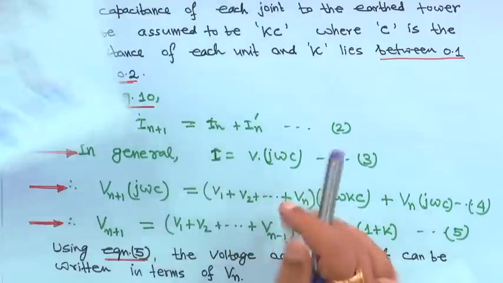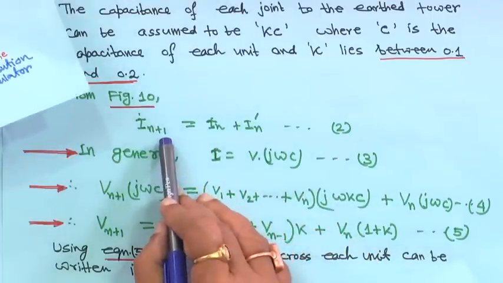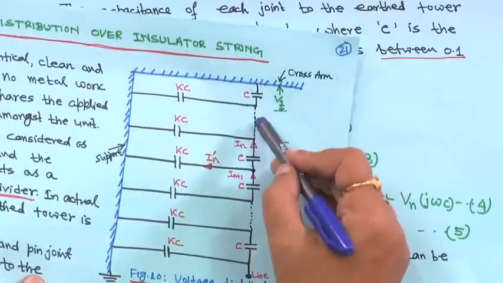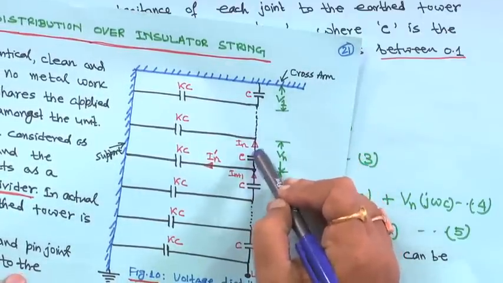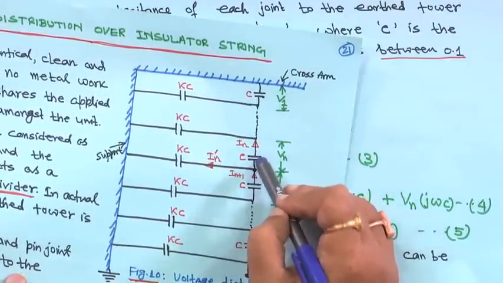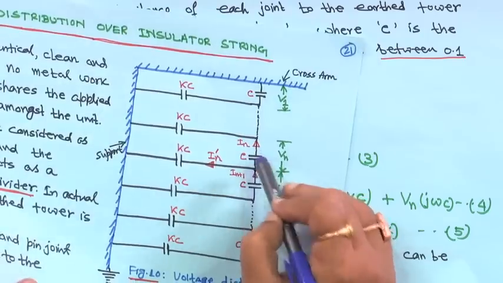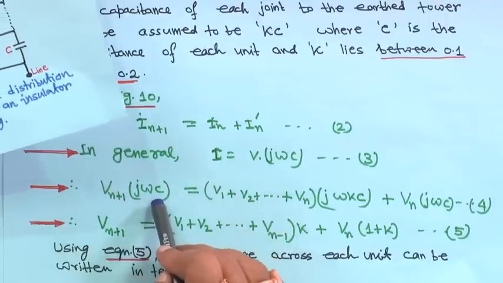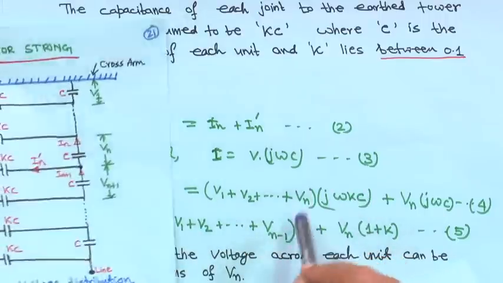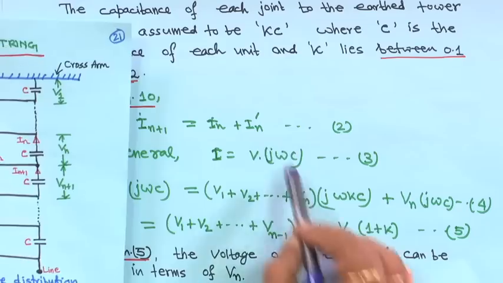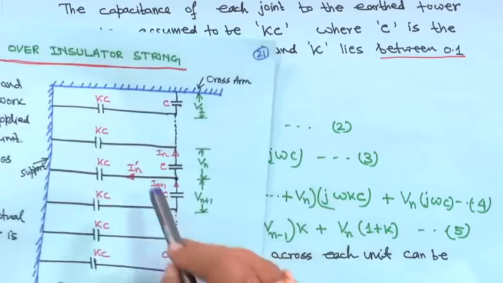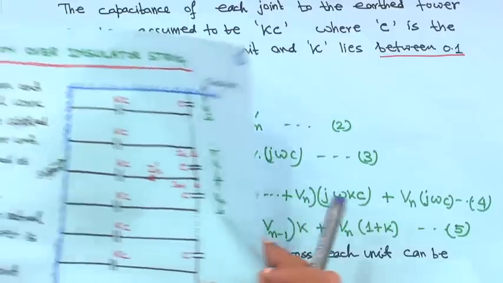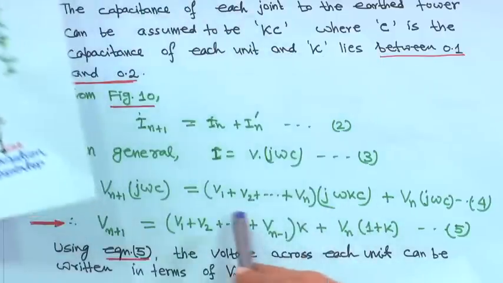Now, for the I n plus 1 case you can write V n plus 1 into j omega c, because this is the capacitor of each unit C. First I am writing the I n dash. If you look at I n dash for the nth one, then what will happen?